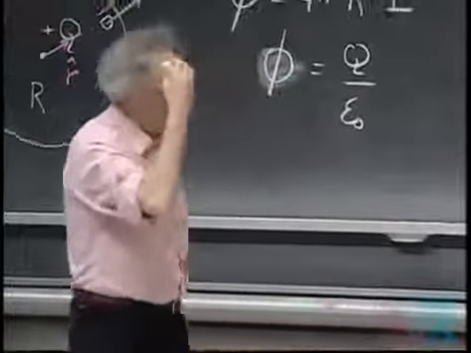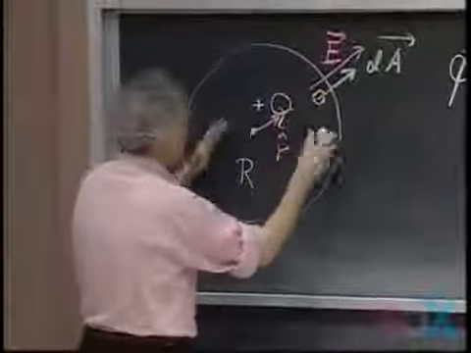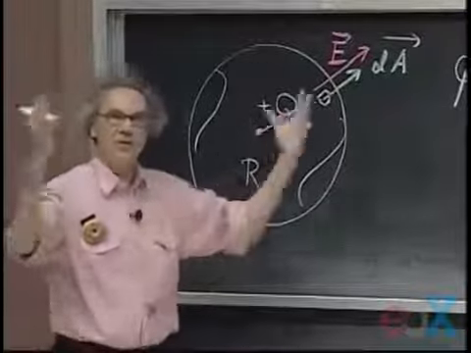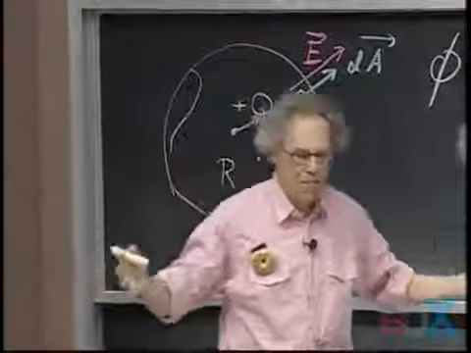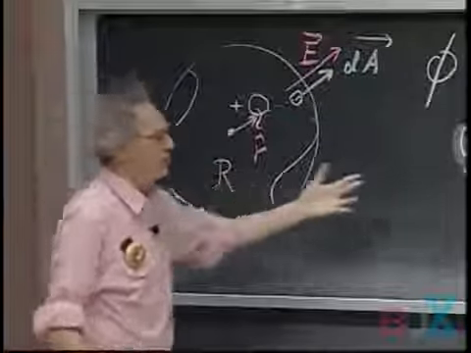Now, if I had chosen some other shape, not a sphere, but I have dented it like this, it's clear that the air that flows out would be exactly the same. And so I don't have to take a sphere to find this result.